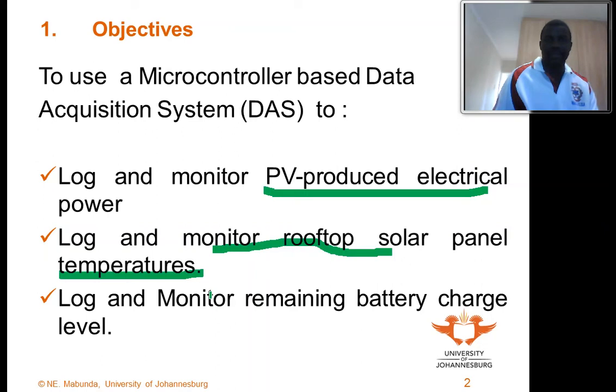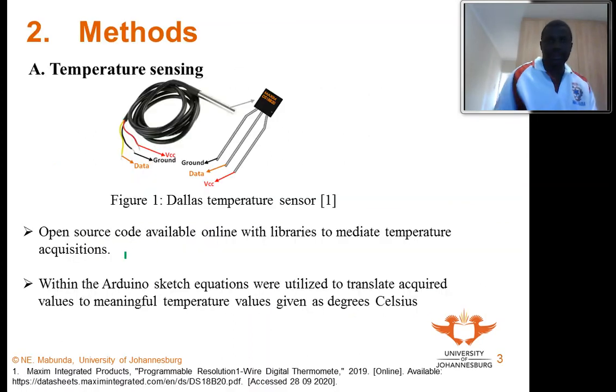It's sometimes important, as we collect the data from solar resources, to check if the battery is being charged and it will be able to cope with the load supply.